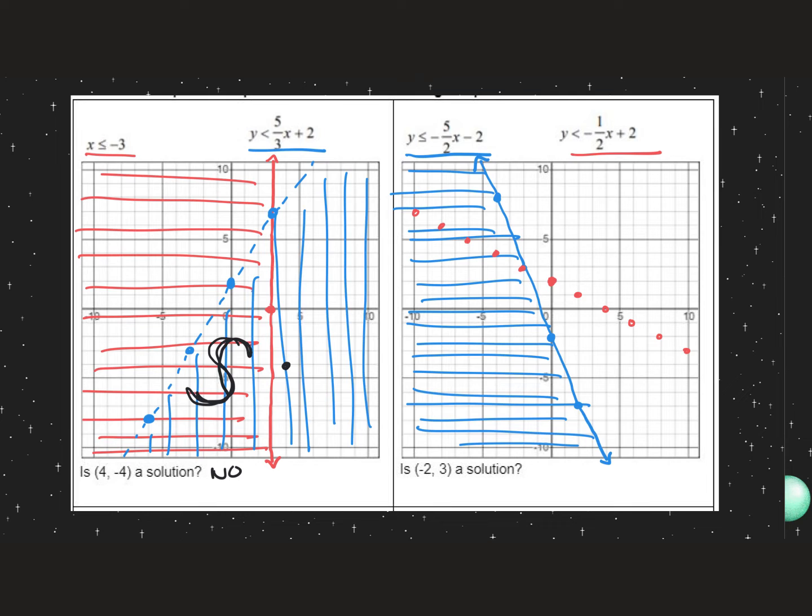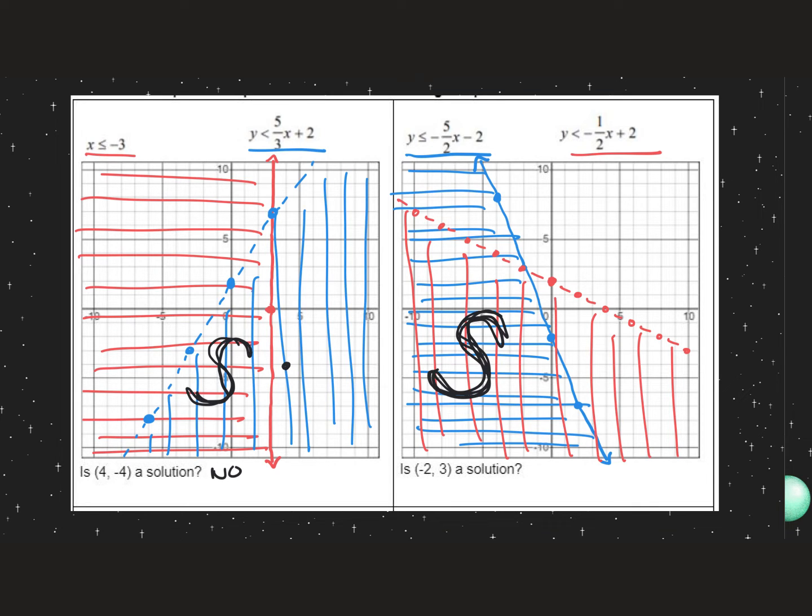And I'm going to have that line because y is strictly less than. All right, so I'm going to shade below my line. And again, we can see that this overlapping shaded region is my solution.